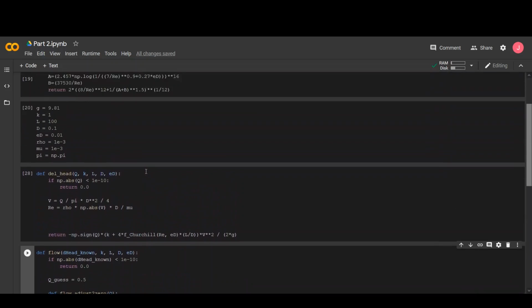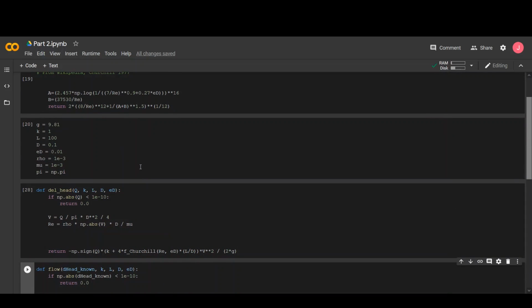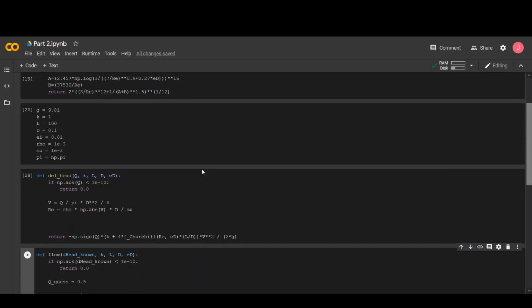We know the roughness of our pipe isn't changing, and neither is our Reynolds number. The only thing that's changing our Reynolds number is the velocity. So our fanning friction factor is going to be roughly the same.